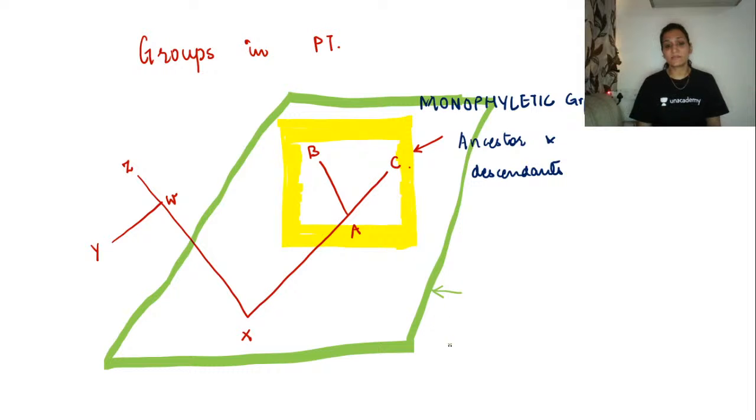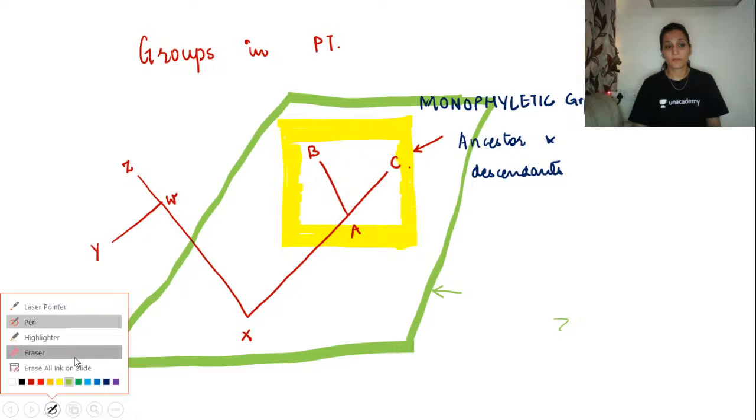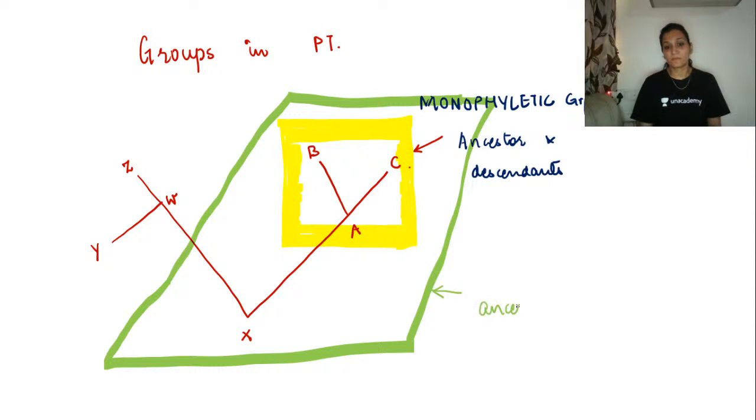So ancestors are included, all the ancestors are included, but all descendants are not included. So this type of group is called a paraphyletic group.